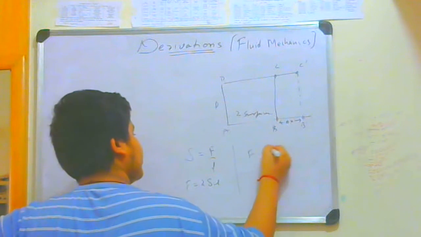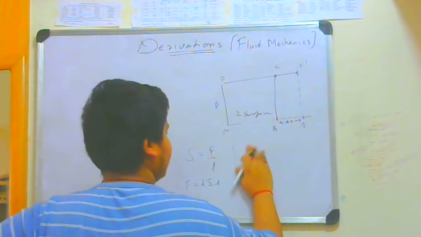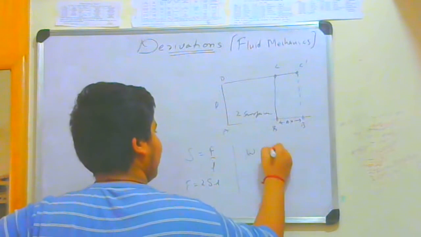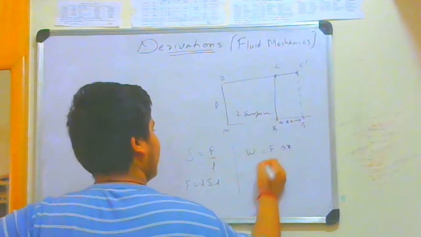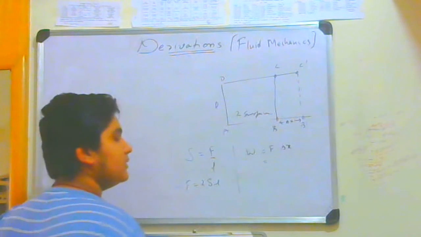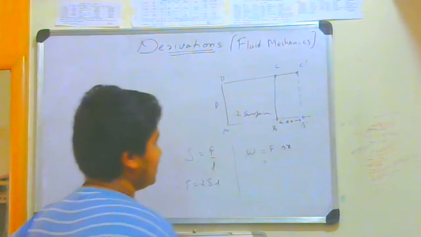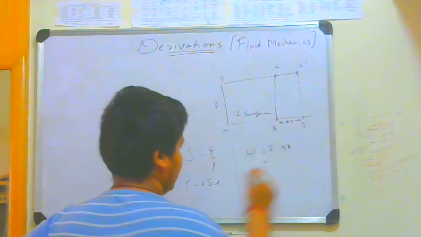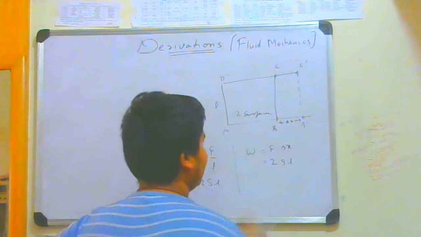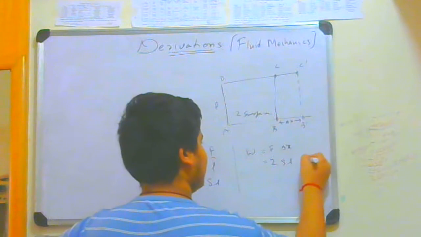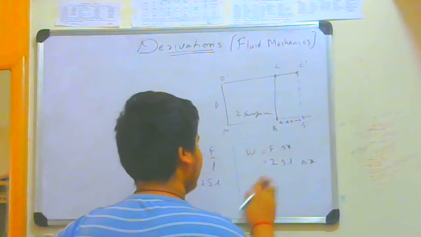Now what is force? Work done is equal to force into displacement. What is force applied over here? So here I am left with 2SL delta x, delta x being the displacement.